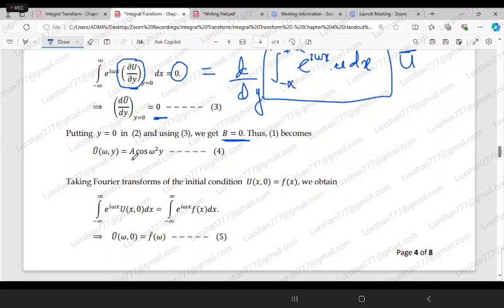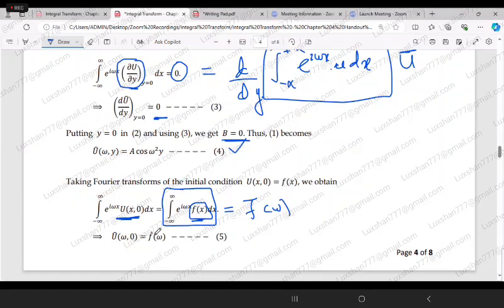Now we want to find a. We already found b. To find a, we use the second initial condition, which says the integral of e to the power minus i omega x times u(x, 0) equals f(x). This is nothing but the Fourier transform of the function f(x), which I put as f bar omega.